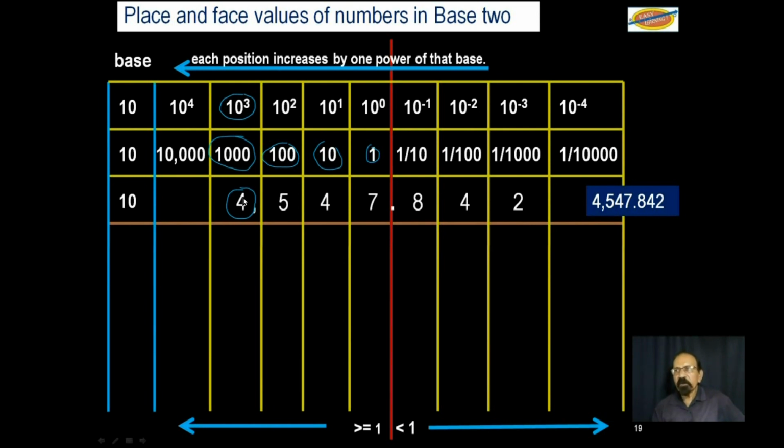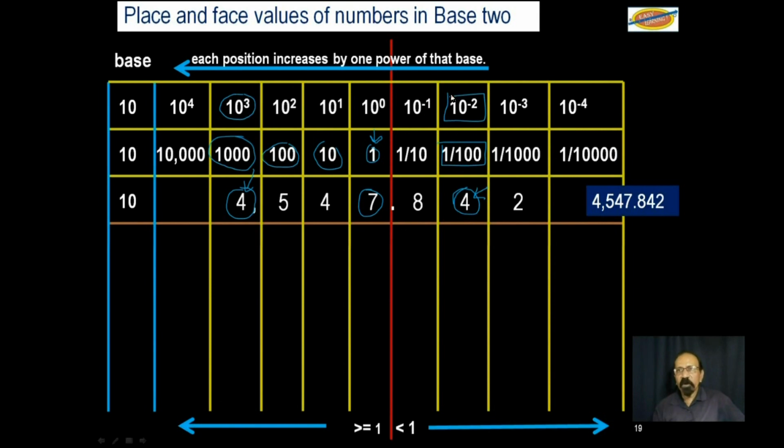Its face value is 4. So you have 4 in the 1,000 position. That gives you 4,000. This 7 is 7 in the ones position. So 7 ones. How many ones? 7. So the face value is 7 and the position is 1. This 4, for example, here, is in the 100 position. That is its place value. 10 to the negative 2.